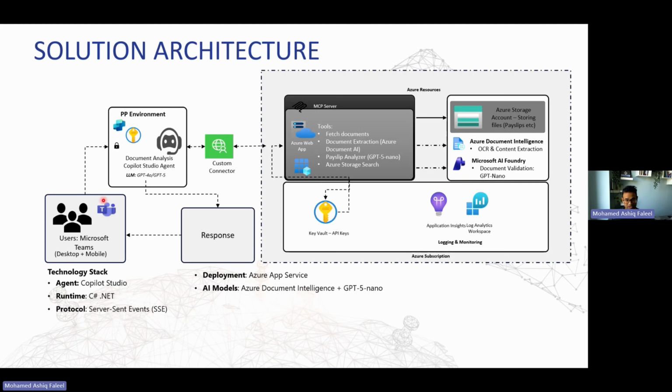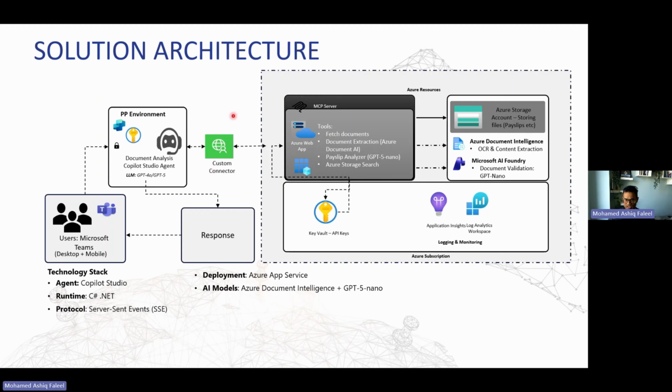On the right side, you see the MCP server, which has been hosted in a Microsoft Azure web application. It has an Azure App Service Plan, and that is where the MCP server is hosted.